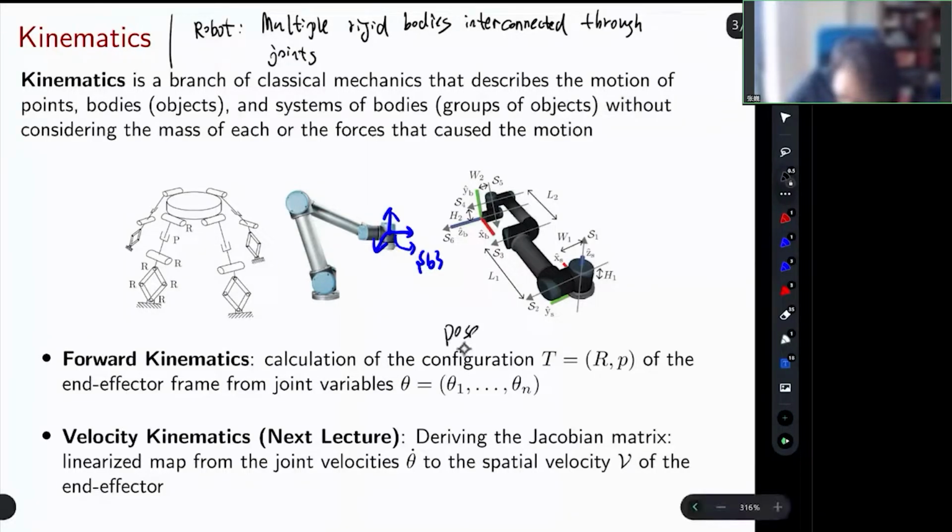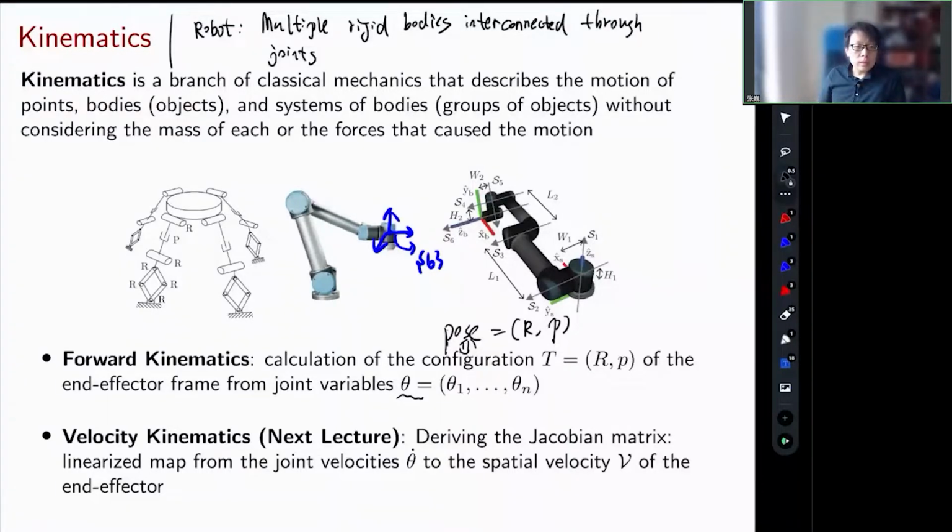In the future, I'm going to use these two terms interchangeably. Pose or configuration, they both include the rotation matrix and also the displacement vector p. We're interested in knowing the configuration or pose of B in the space as a function of the joint variables, theta 1, theta 2, all the way to theta n. Suppose we have n joints. So that's the forward kinematics.